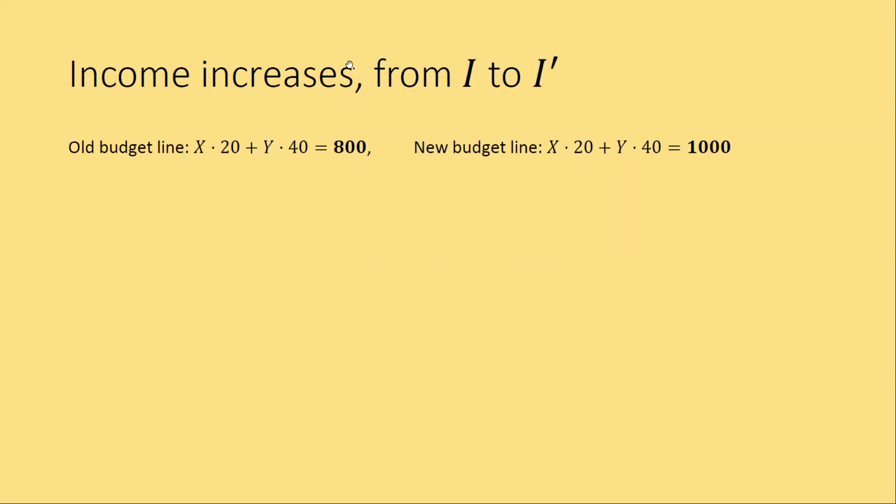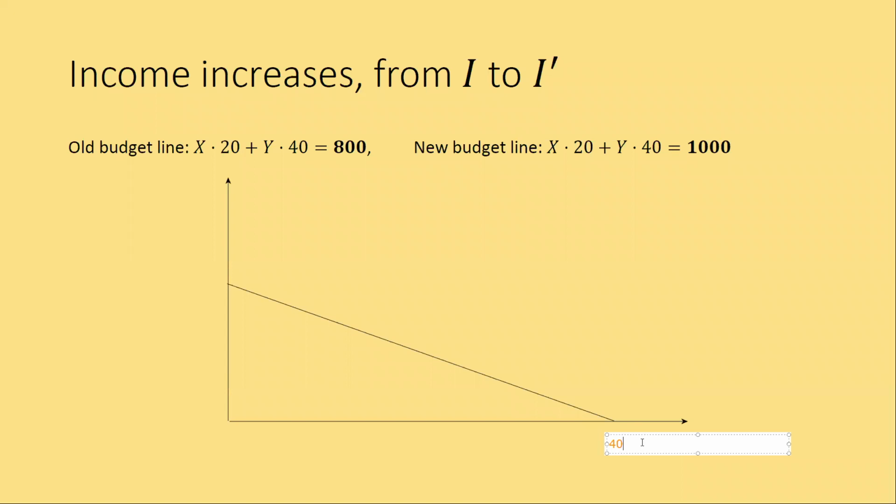To draw the budget constraint, the old one still looks the same, and this point is 40, and this point is 20. So let me actually extend our axis a bit.